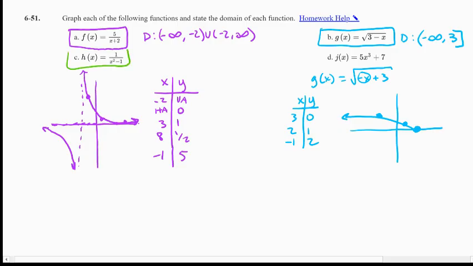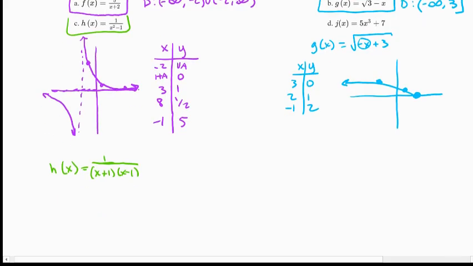Third one here is another rational function, but more so it's kind of like a reciprocal polynomial function. To rewrite this a little bit, I'm going to factor the bottom into x plus 1 times x minus 1.